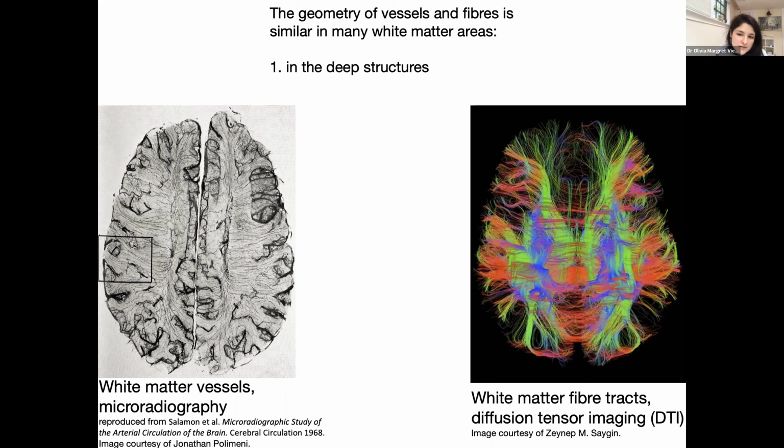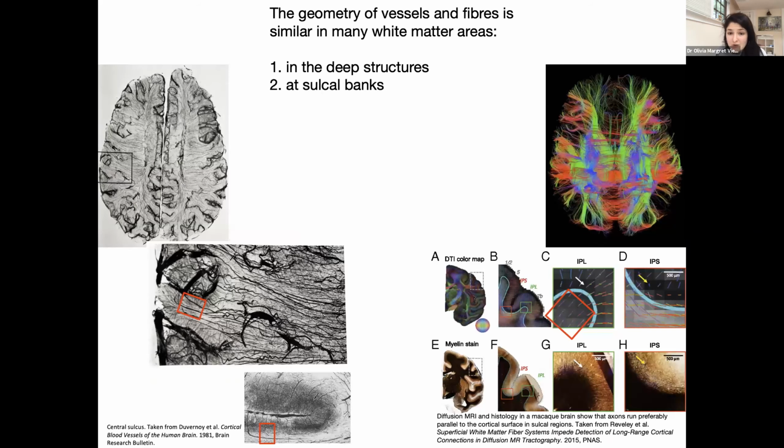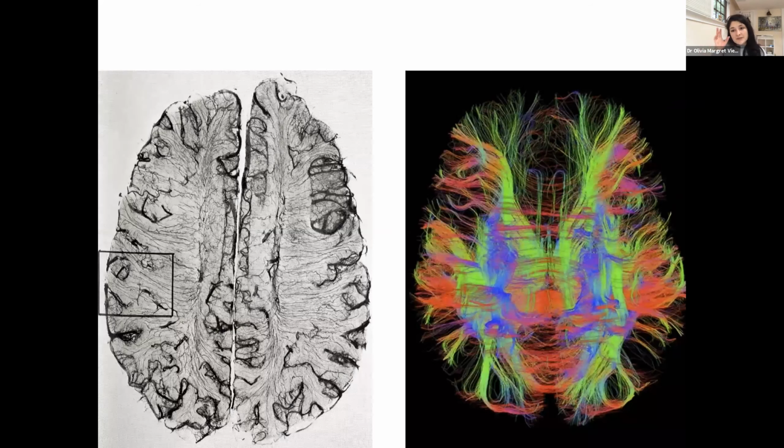The most obvious is the radial path towards the deep structures and the brain center, but also at the sulcal banks. And both tend to enter the cortex at the gray-white surface in a perpendicular fashion. So there really seems to be some sort of vascular fiber coupling in geometry.